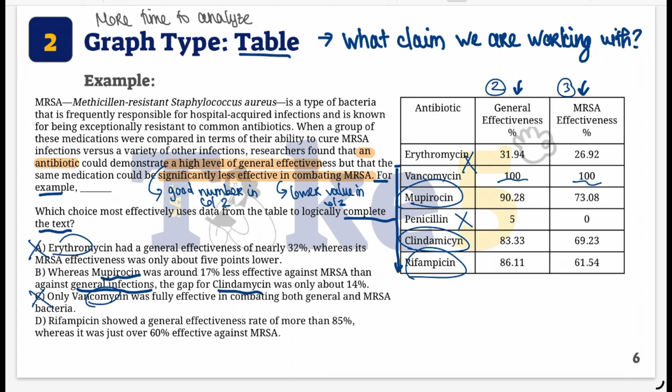But again, even if it is right, it is irrelevant to the claim. We just want to show some antibiotics that illustrate lower MRSA effectiveness relative to general effectiveness. No need to compare which antibiotics have the biggest difference.